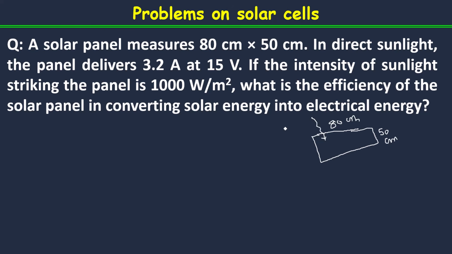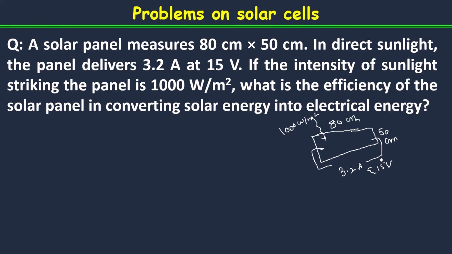The sunlight intensity is 1000 watt per meter square, and it is giving you a current of 3.2 amperes at 15 volts.